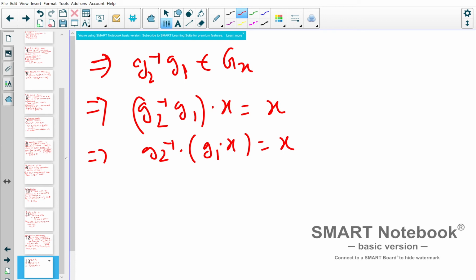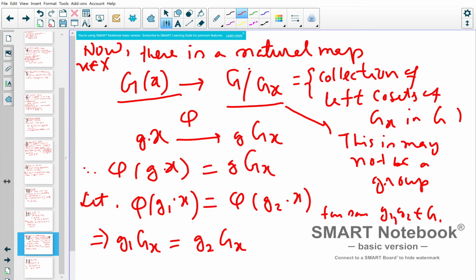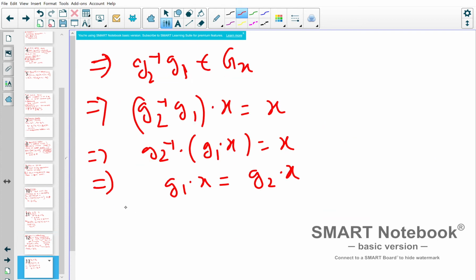Now we multiply both sides by g2, and using the first property of group actions, we have g1 dot x equal to g2 dot x. Whenever phi of a equals phi of b, then a equals b. Thus phi is injective.